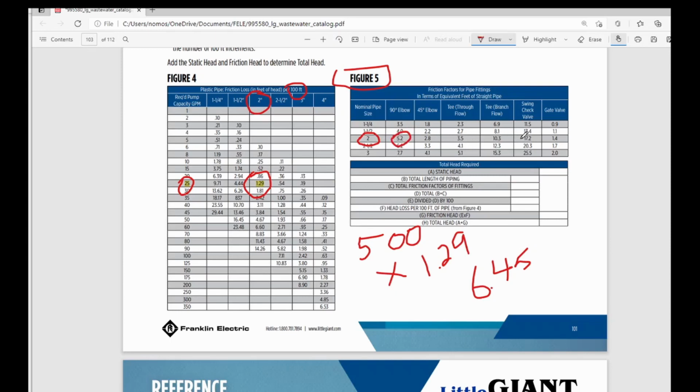Right there. So I have to add a little bit more to my pipe here, right? So I've got 17.2 plus 5.2. Let's go ahead and round that up to 25 because I already had to pull a calculator out once, right? So we're going to give that a little bit higher value and make it 25.